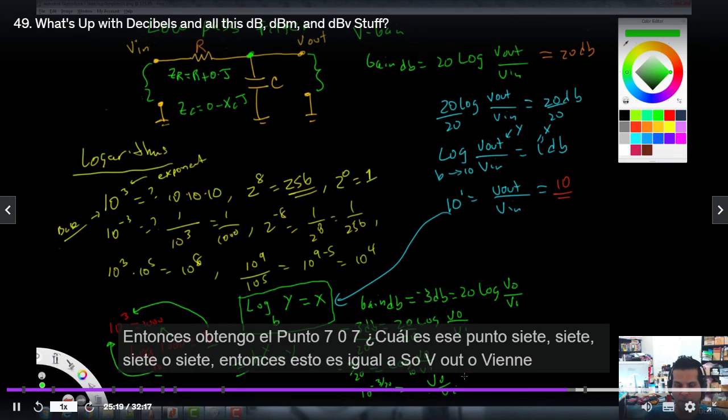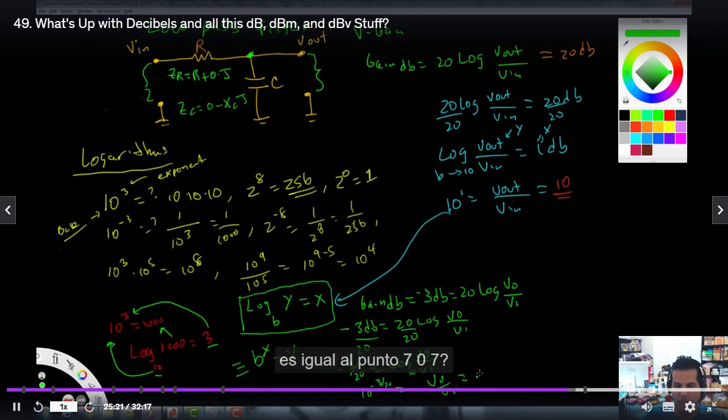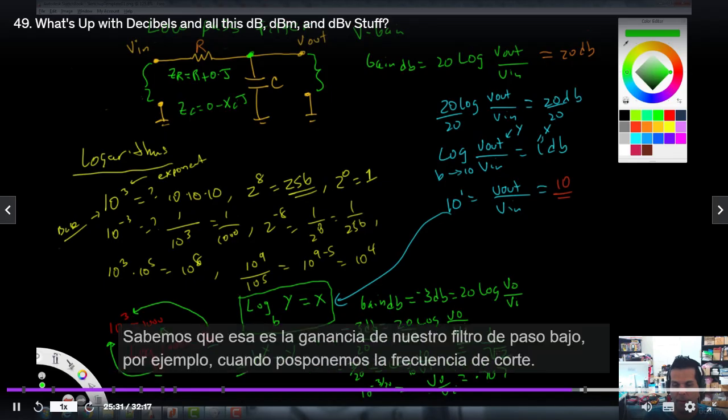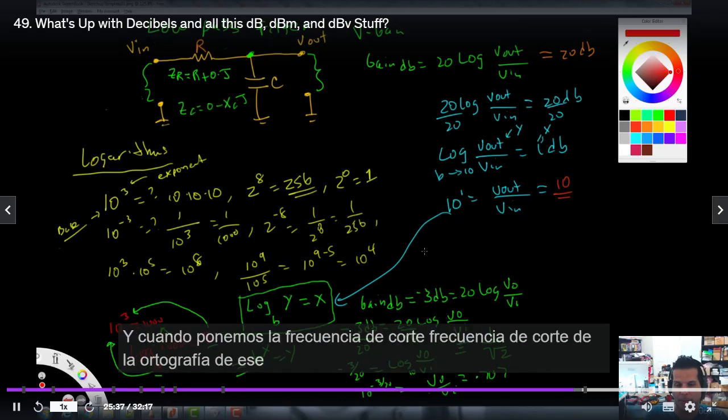What's that 0.707? So V out over Vn equals 0.707, and we know that 0.707 is equal to 1 over the square root of 2. And 1 over the square root of 2, we know that's the gain of our low pass filter at the cutoff frequency.